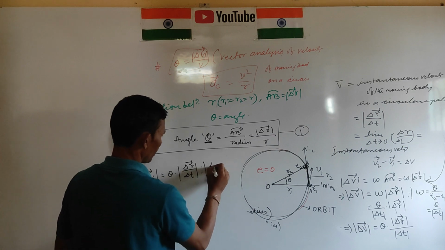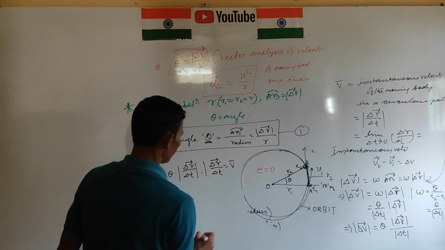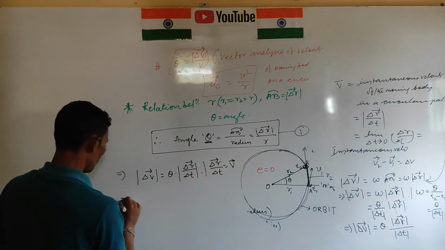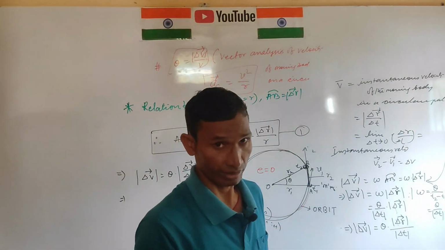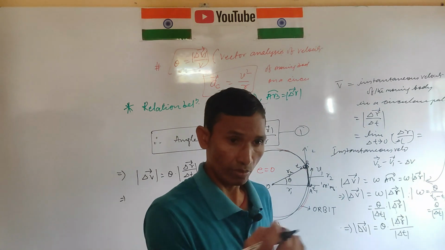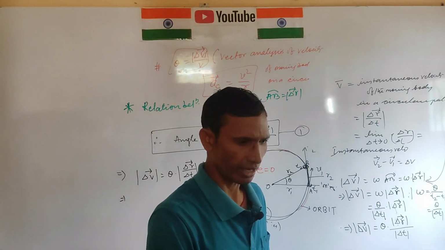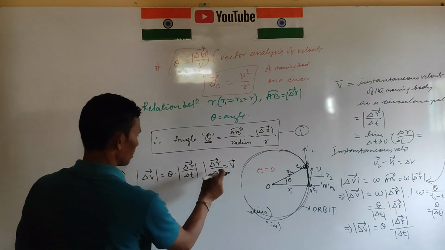Here we know that delta r upon delta t is equal to delta velocity. So velocity is just velocity. What is the meaning of velocity? The rate of change of displacement, instantaneous or over any large distance. So here is the instantaneous velocity.